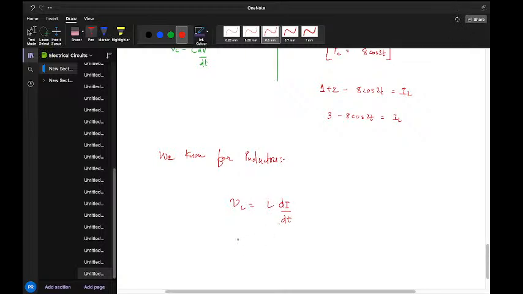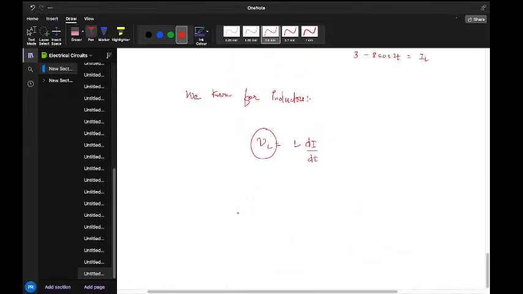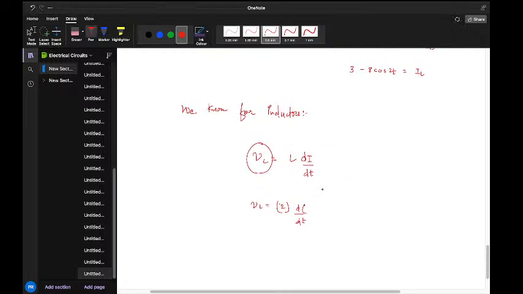Okay, so what we can try and do out here is we are interested in finding V of L over here, and we know I out here, and the value of L over here is 2 out here. So let's just try substituting things. V of L is 2 times d by dt over here, and then you can just put in the values out here.